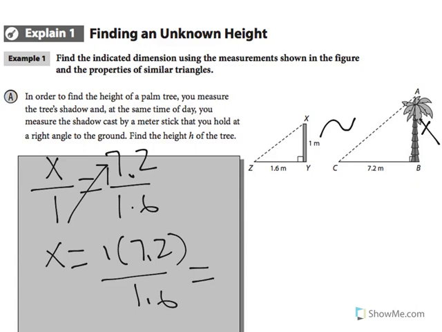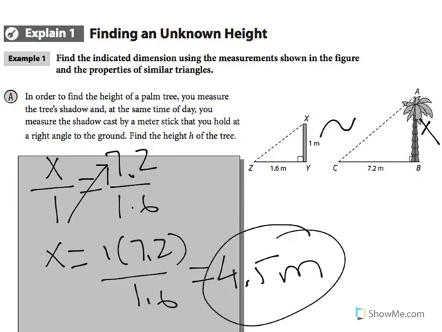From there, use your calculator to work this out. So this gives us 4.5, and remember that it's in terms of meters. When you look for the length, always include the unit of measurement. So the palm tree is 4.5 meters.